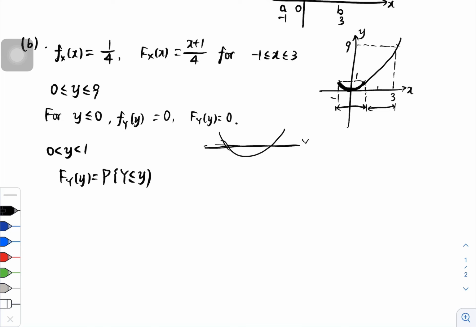This is y. We know that y equals the square of x, and it should be something like this.